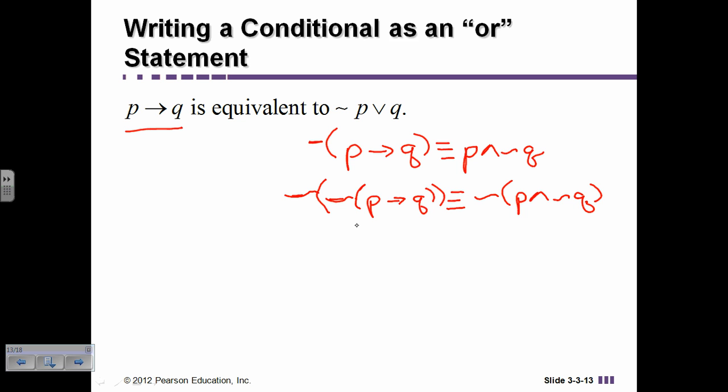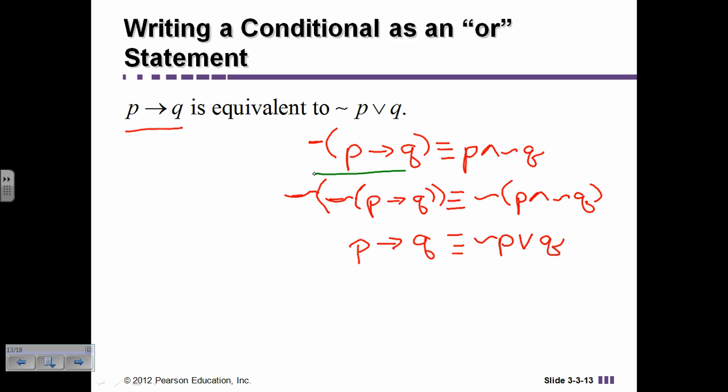When you negate a negation, it becomes positive, so this cancels out and I'm just left with P implies Q. On the right-hand side, if I use De Morgan's law, I can think in terms of distributing the negation. So I end up with not P. But remember with De Morgan's law that the and symbol will become an or symbol, and the negation of negation is regular.